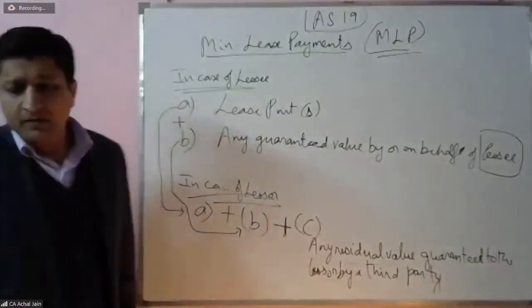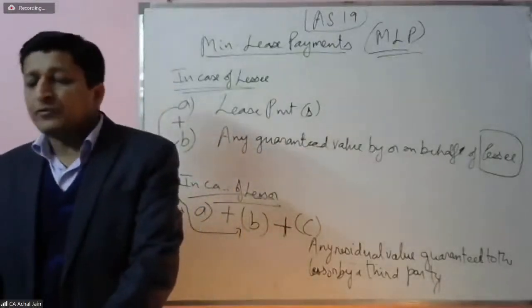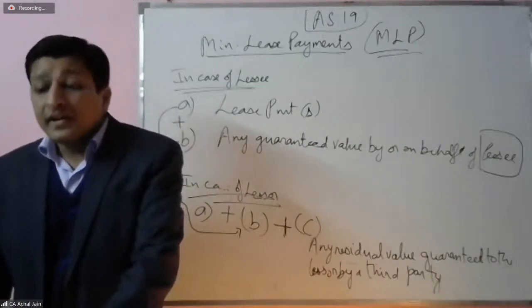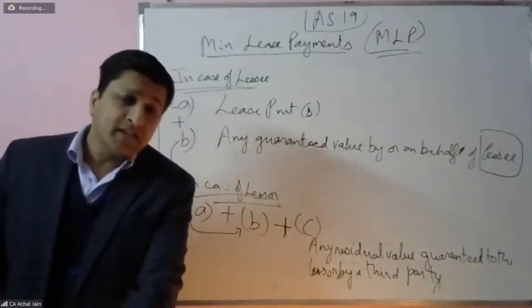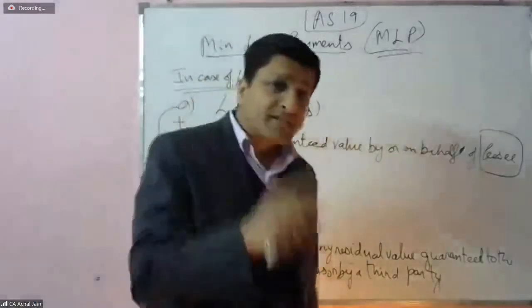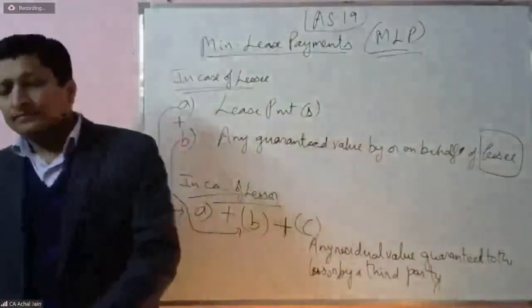Okay, clear? So whenever MLP has to be computed, MLP will be different for lessee and lessor.